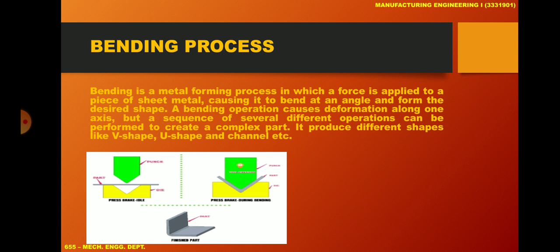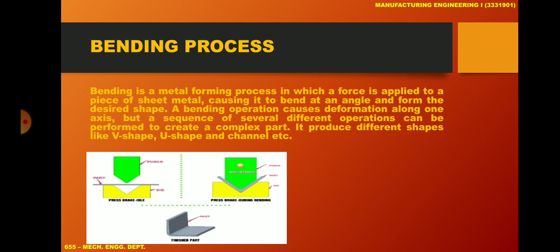Let's have the theory about bending. Bending is a metal forming process in which a force is applied to a piece of sheet metal, causing it to bend at an angle and form the desired shape. So whatever shape we require, whether it's circular, curvilinear or rectangular, we can achieve it.